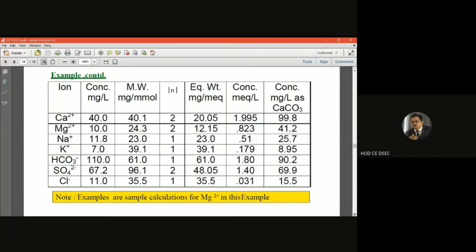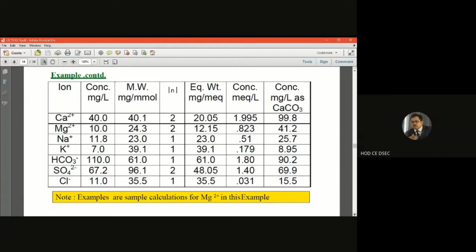And the last column, that is the 7th column, is concentration but in a different unit. What is that unit? Concentration in milligram per liter as CaCO3. What do we mean by as CaCO3? As I mentioned in your lecture class, if we want to convert the concentration as CaCO3, suppose calcium, we express it as calcium carbonate.